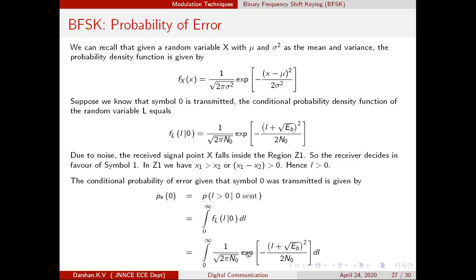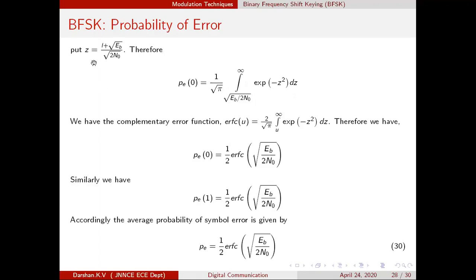The rest is just substitution: put Z equal to L plus root Eb by 2N0, and do the substitution for the integration. I will give the notes of this very shortly. This calculation is very easy. Expressing this in terms of the error complementary function, you get Pe of 0.